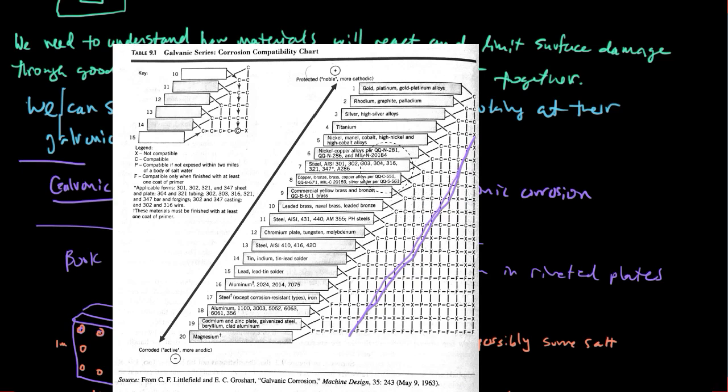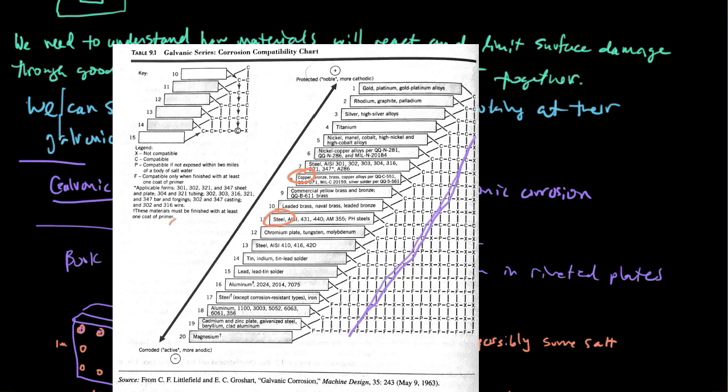So on one hand we have copper rivets and steel, and on the other hand we have steel rivets and copper. And so you might think that it should be an equal reaction, but it turns out that it's area related.